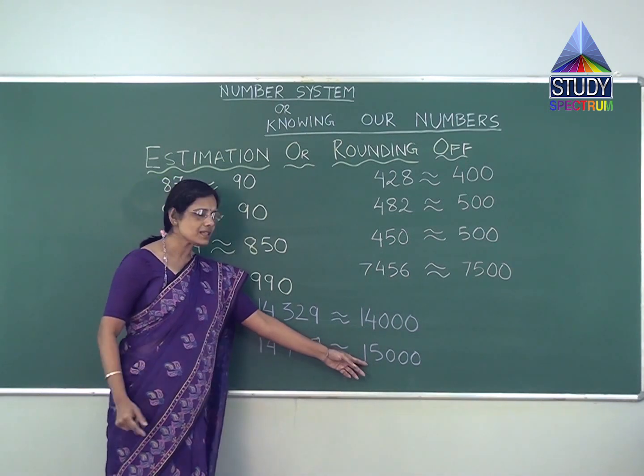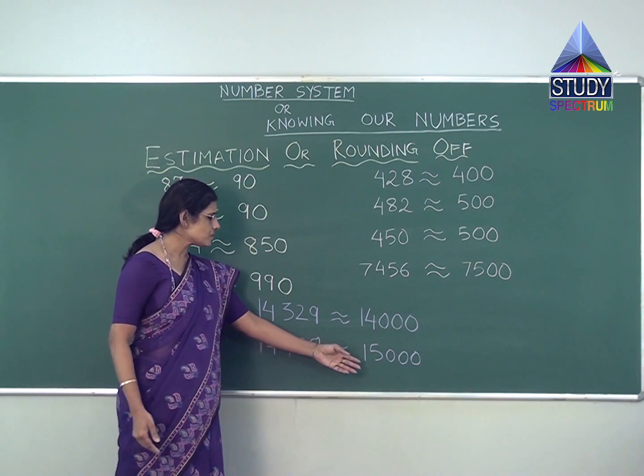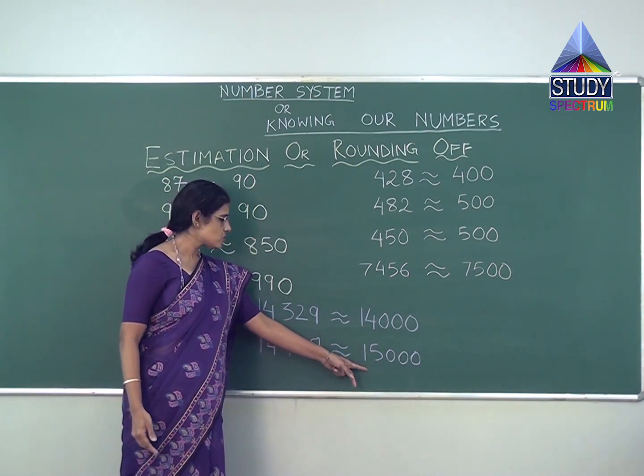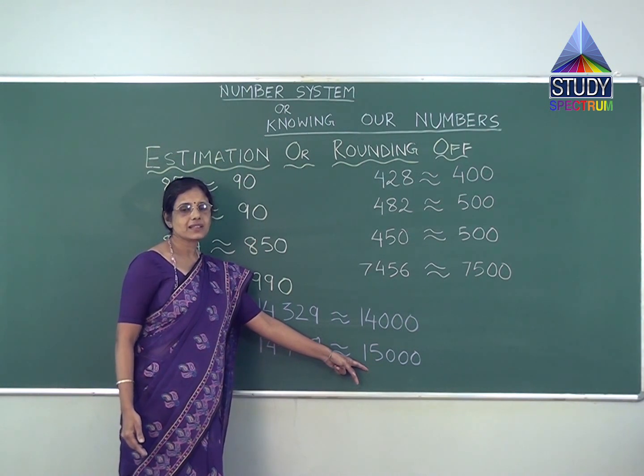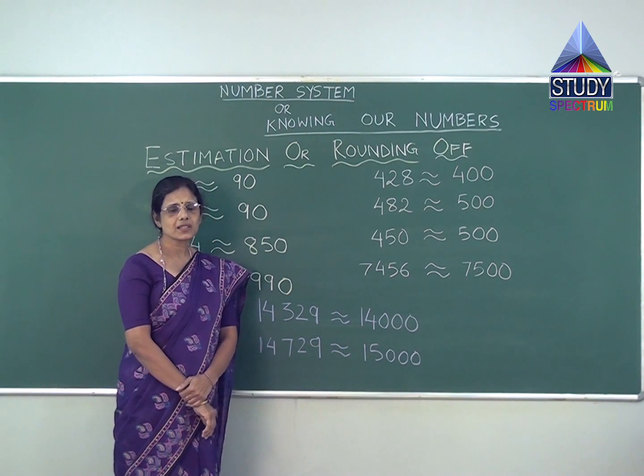Now suppose you want to change this one to the 10,000s place also. If you convert to the nearest 10,000, you see the thousands place is 5. So you have to change the 10,000 position by adding 1. So then it will be 20,000.